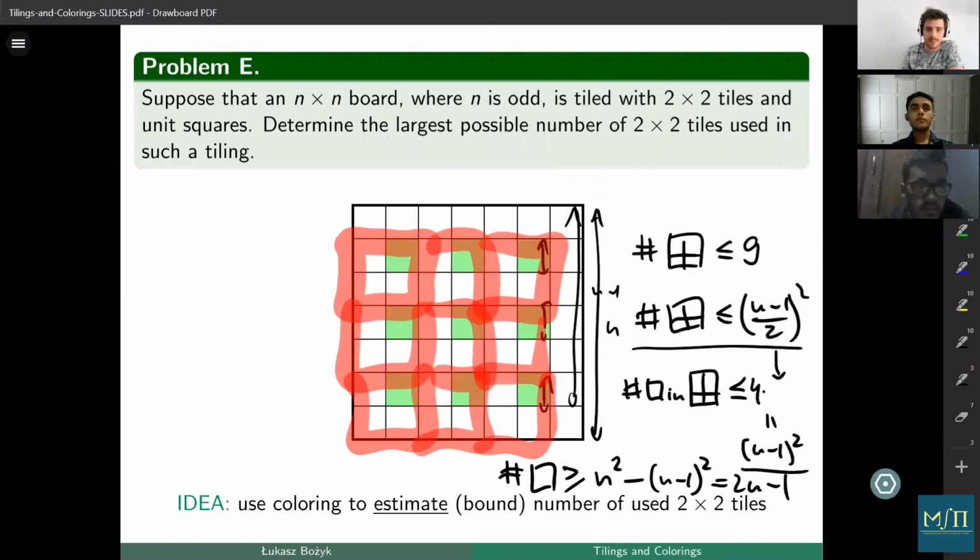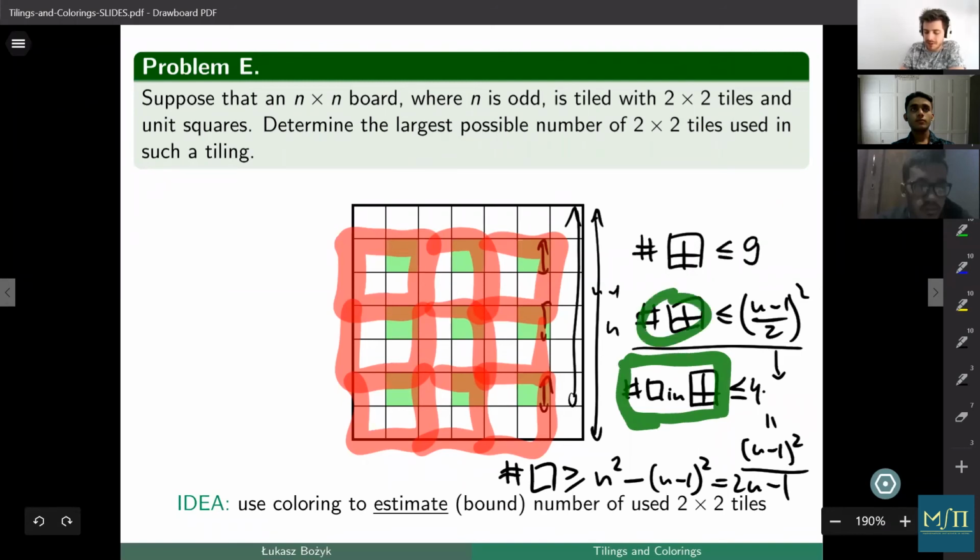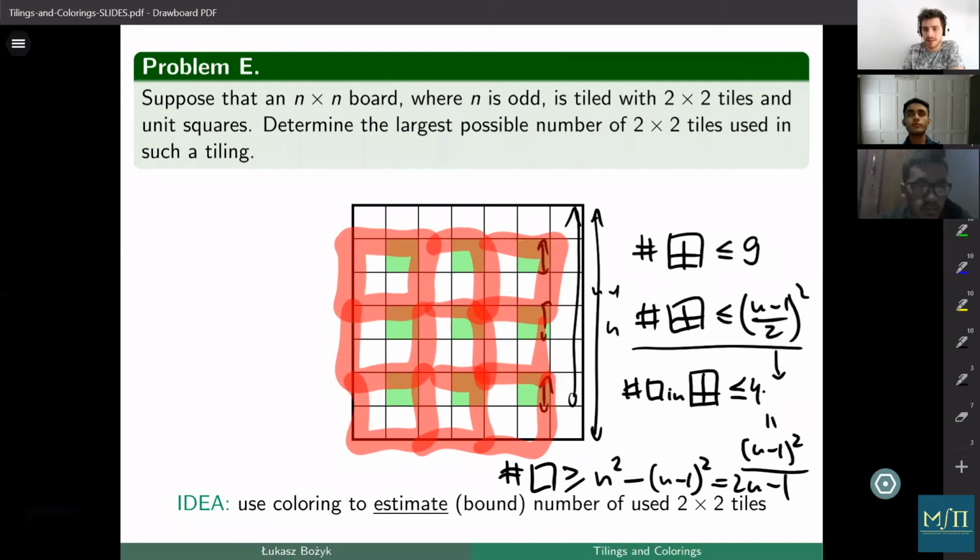I didn't understand how 4 times n minus 1 whole square is there instead of 4 times n minus 1 by 2 whole square. The multiplication by 4 comes from this number. This is not the number of tiles, but the number of cells contained in tiles. Yes.